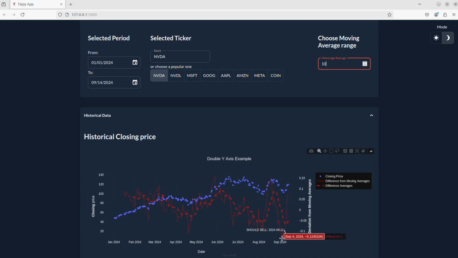But next, the red line went all the way down to 12% downwards on September the 3rd, right?